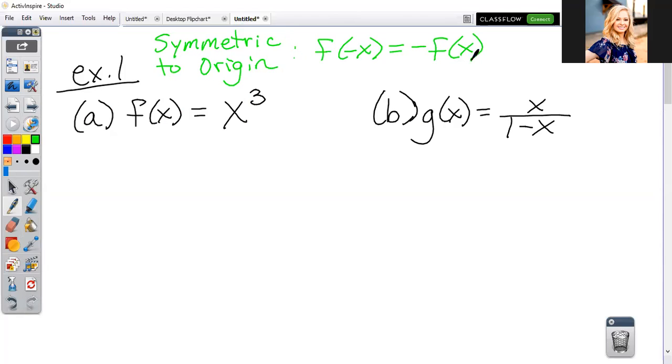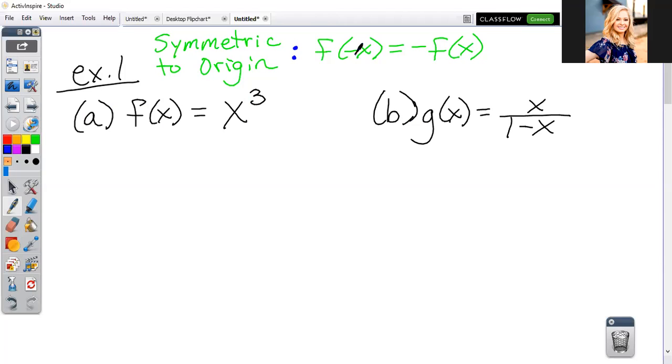For it to be symmetric to the origin, f of negative x has to equal negative f of x. Are those the same things? Where do I put the negative here? In the parentheses. Where do I put it here? Outside the parentheses. So they're not the same.